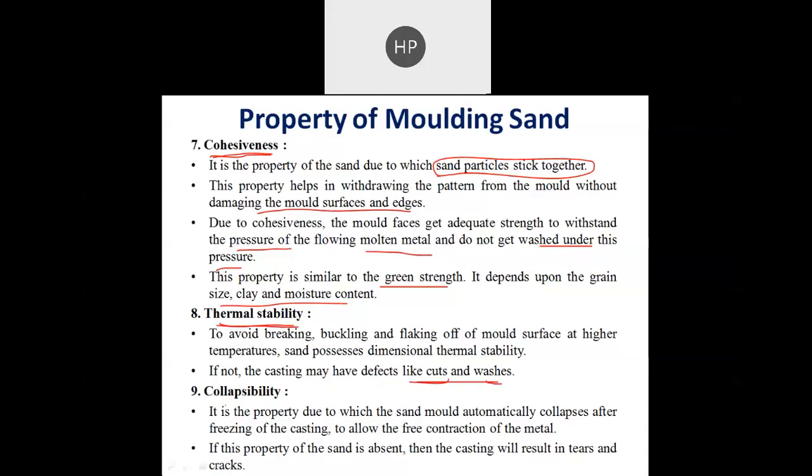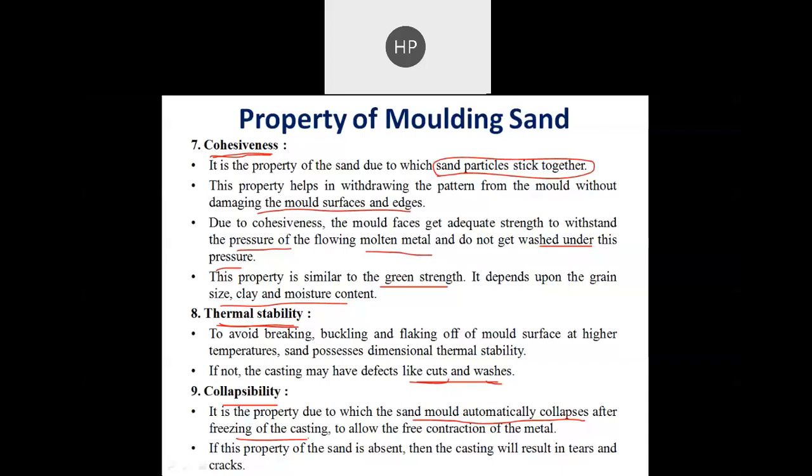And the final property is collapsibility. It is the property due to which the sand mold automatically collapses after freezing of the casting. So after preparing the mold and filling the molten metal inside the cavity, it is solidified. Now we want to remove the object from the sand. For that, we have to collapse the sand, we have to break the sand.